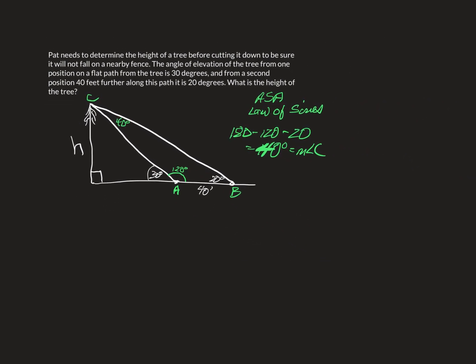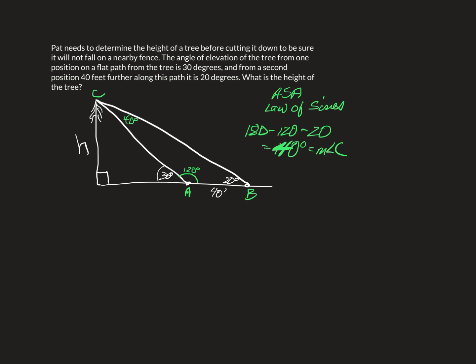Now, the side I would like to find would be this side right here. So this is opposite angle B, so I would like to find side B. I know both pieces of information with side C, so the law of sines, the portion I'm going to use is sine C over C equals sine B over B. Like that.